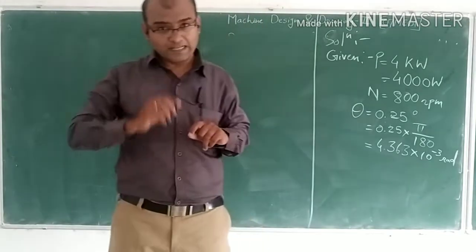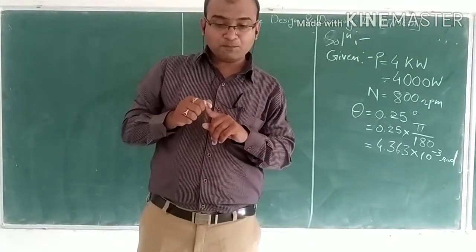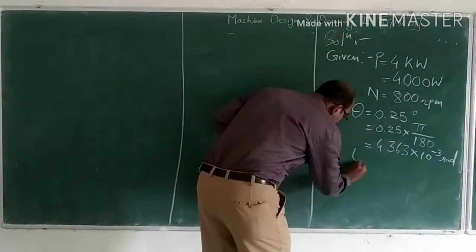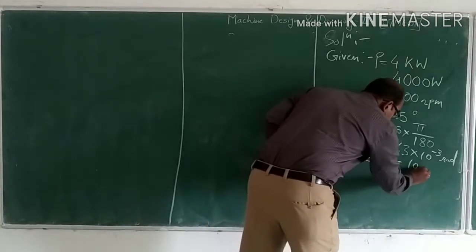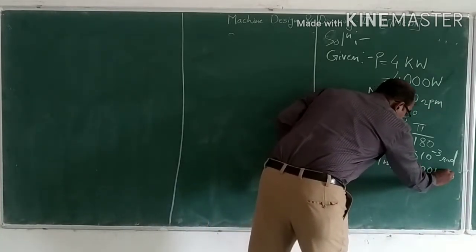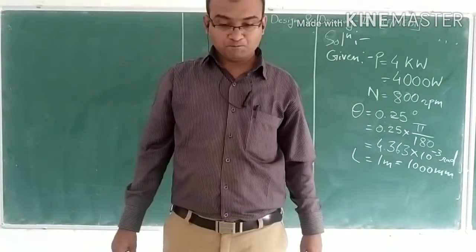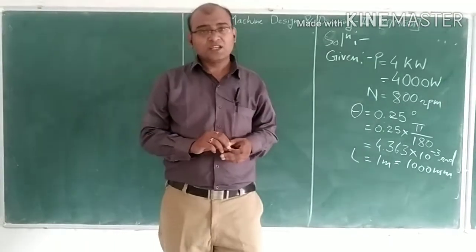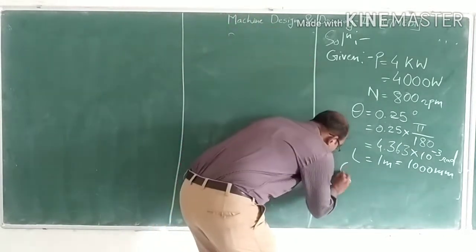Then L is given as per meter length of spindle. So L is 1 meter, which means 1000 millimeter. Then next given is G, and G is 84 gigapascal.